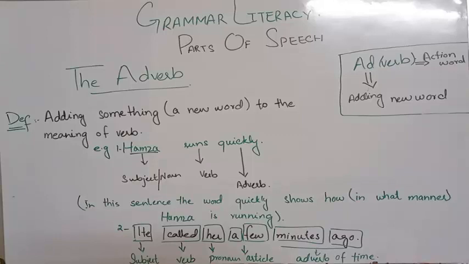Here the whole thought and concept of the sentence is changed by a single adverb, the adverb of time. This is the adverb adding something to the meaning of the verb. It's a very simple, very short definition, and you can observe how adverbs act on a verb and completely change its meaning in a sentence.